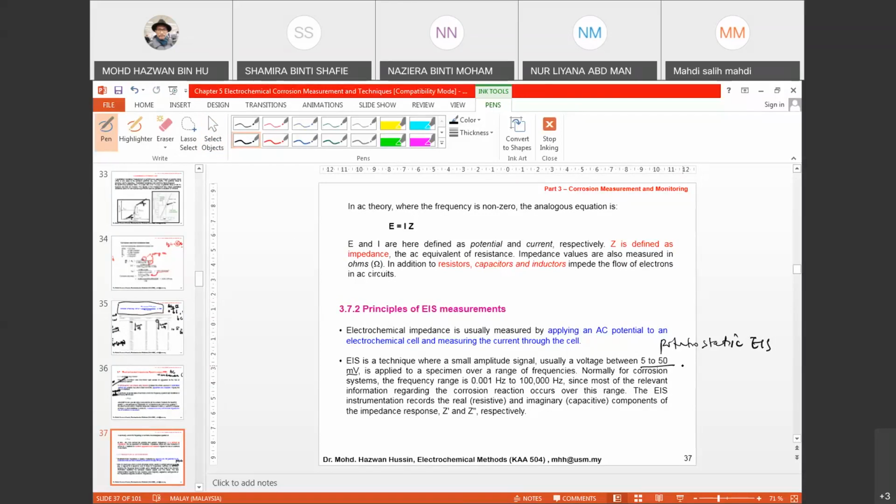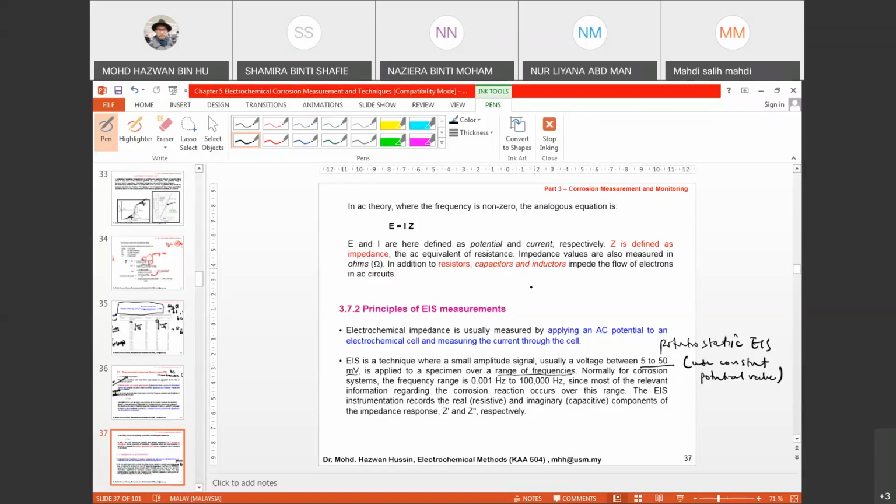Remember, potentiostatic means you use a constant or standard potential value, only one value, a sole value, when you do a measurement. So between 5 to 50, you will use only one potential value.